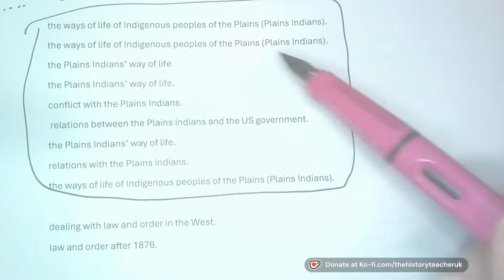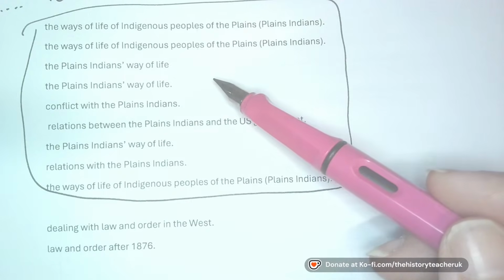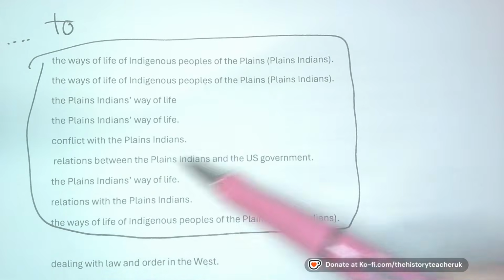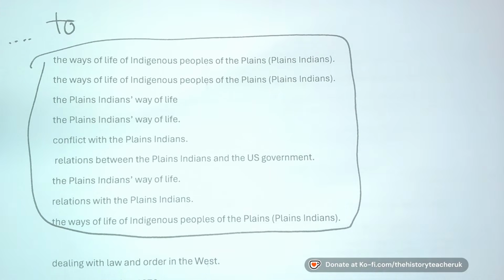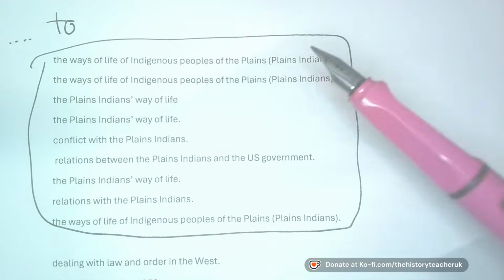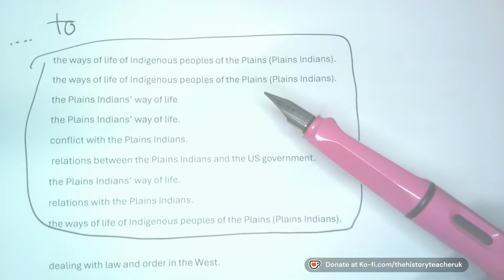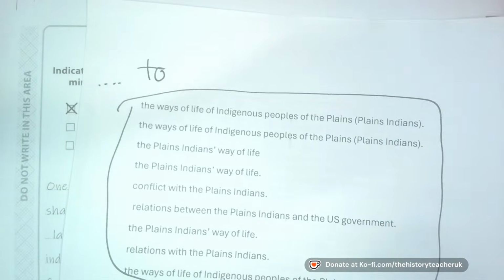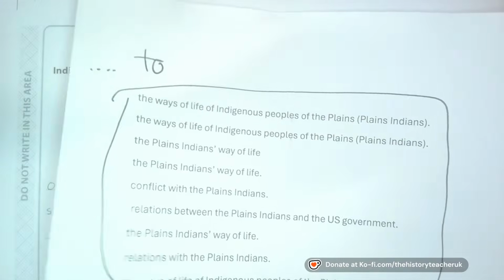Oh yeah, so this is something you can revise, right? You can go, okay, so I'm going to look at the progression of the lives of the indigenous people of the plains throughout the period, and look at all the different things that affect them and the different ways that their lives are affected during this period. And then by the time you come into the exam, you're going to be like, okay, let's have a look.